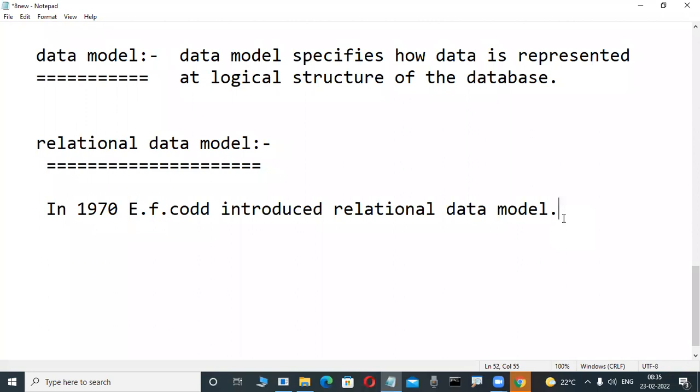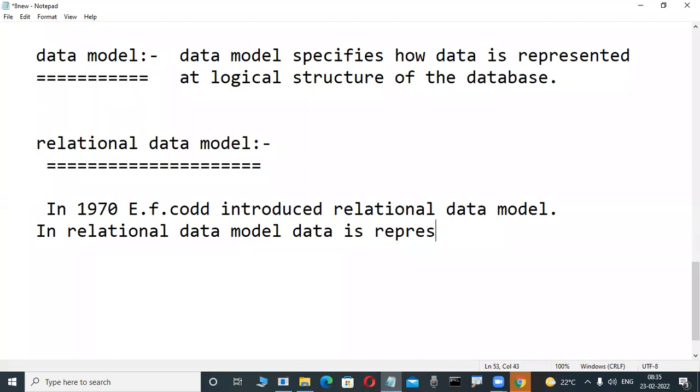Now observe, in the relational data model, data is represented in the format of two-dimensional tables, that is, a collection of rows and columns.